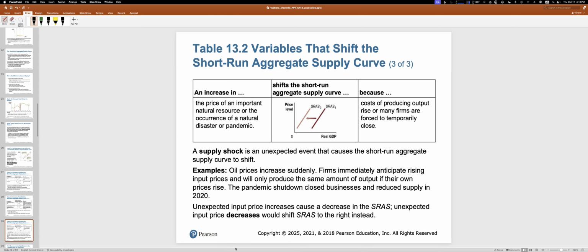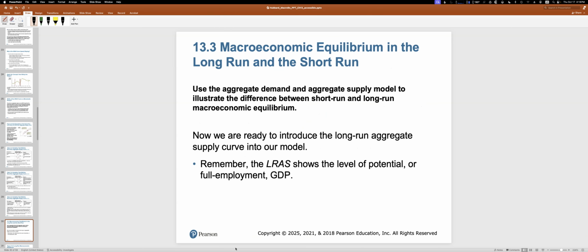All these things would shift the short-run aggregate supply curve. And so now what we need to do is put these two curves together and think about how the curves would change as events happen and what kind of impact that has on the real GDP levels.